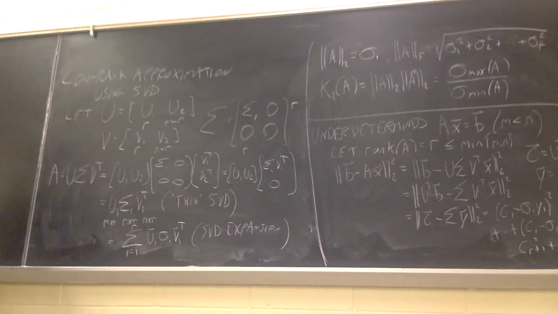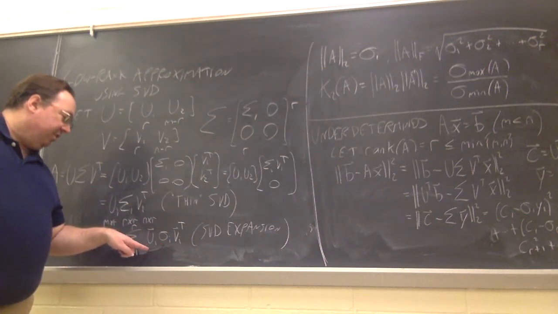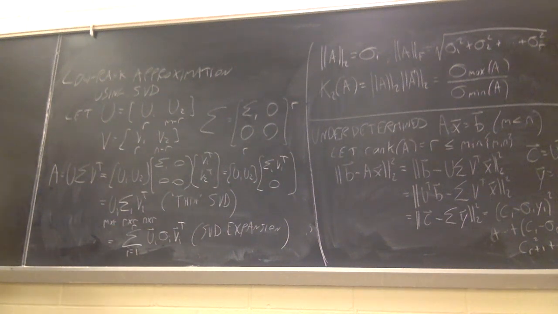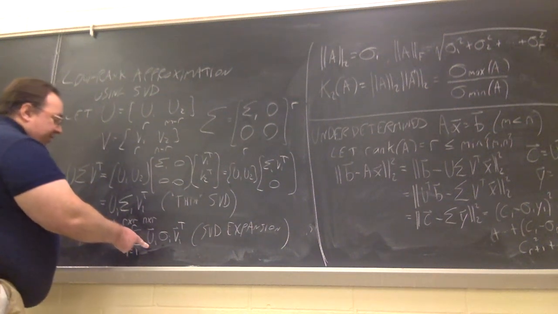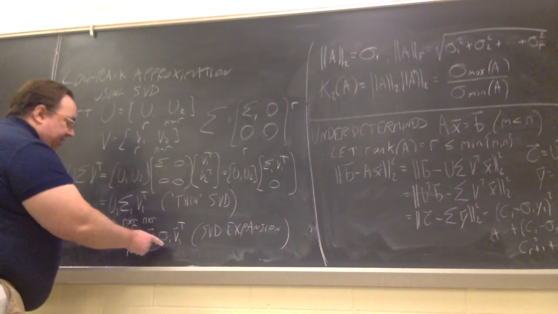Okay. Now I want to point out before I continue, let's suppose that A has a pretty low rank, like r is much less than m or n. Well, A has m times n entries in total. Whereas, what's my storage if I only store these singular vectors and singular values? I have m entries in each of these vectors, n entries in each of these vectors, and then these are numbers.